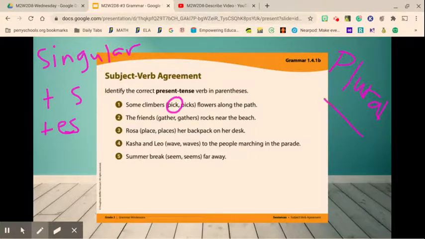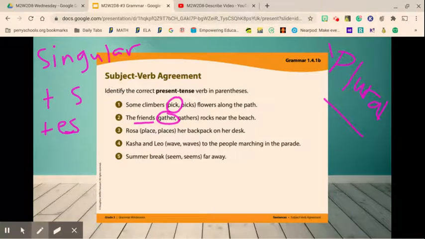All right, let's look at number 2. The friends. Okay, so I'm looking at that subject. The subject is friends. And there's an s, so that means many friends. So it is plural. And because I know it's plural, I'm not going to add anything to my verb. My verb is gather. So I read the sentence. The friends gather rocks near the beach.